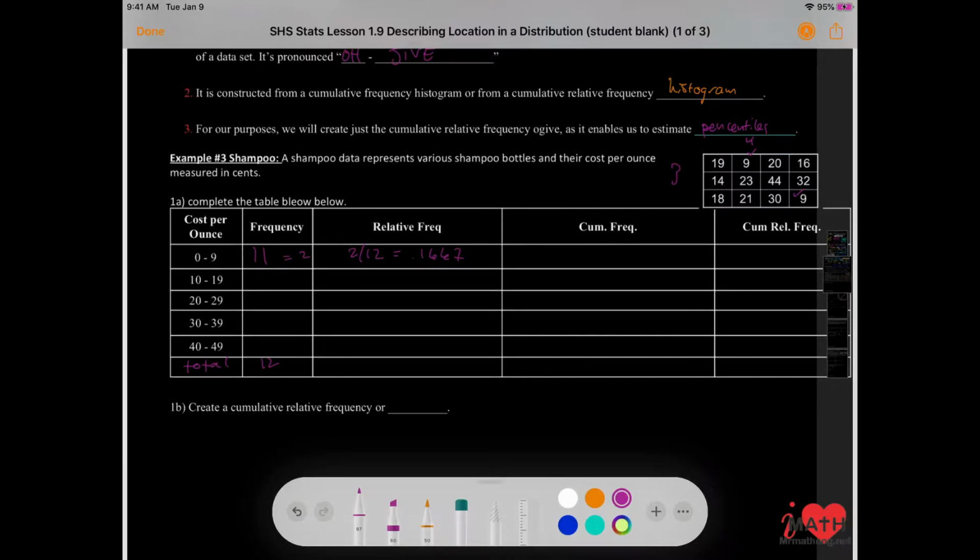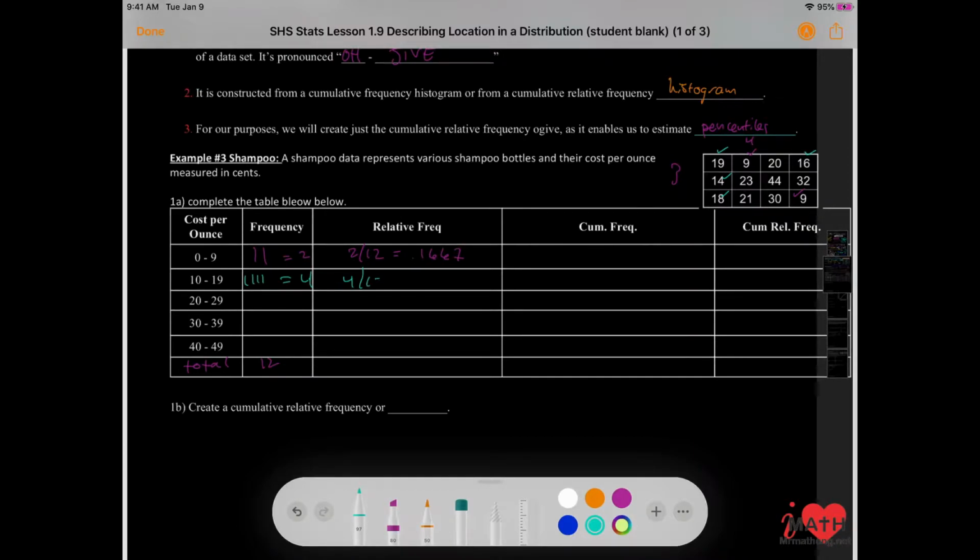Okay, press pause, and then why don't you get the rest of those? All right, 10 to 19. 1, 2, 3, 4. So there are 4 of these.